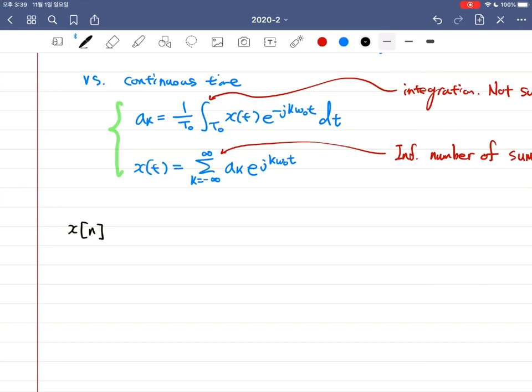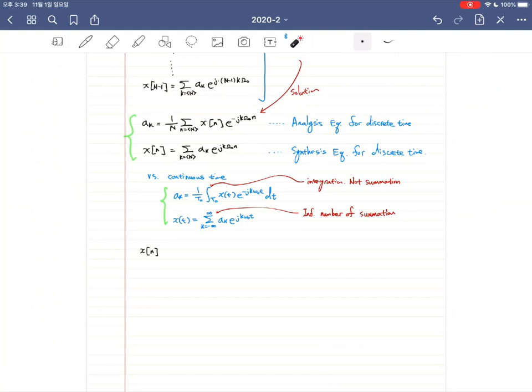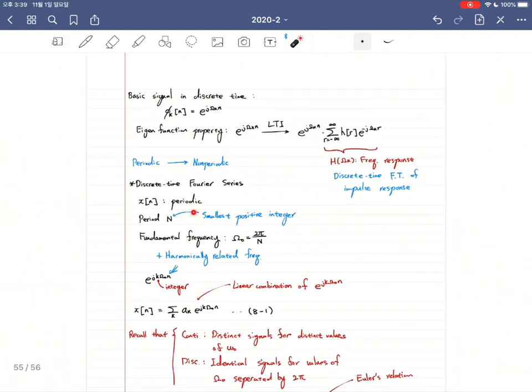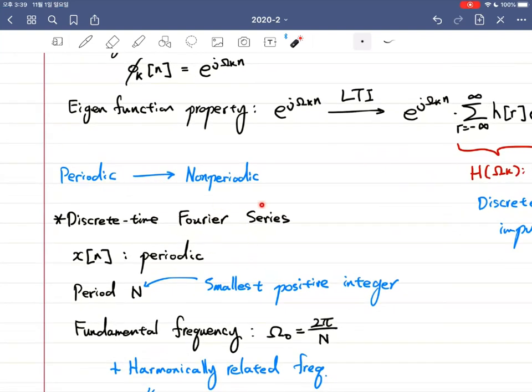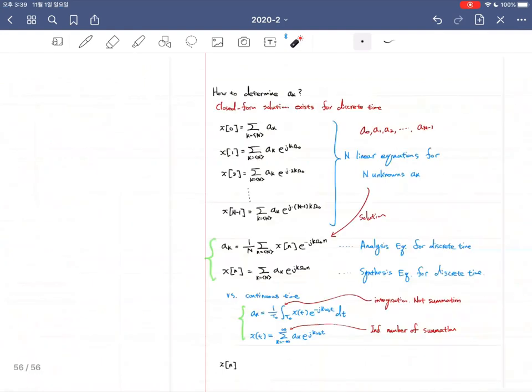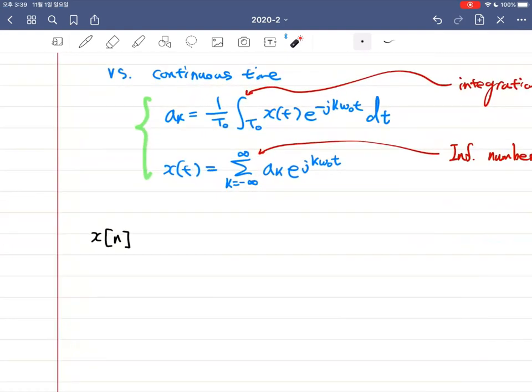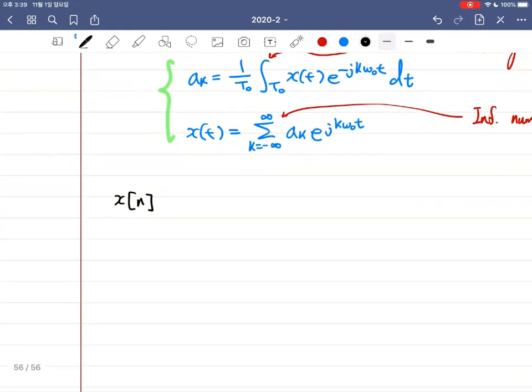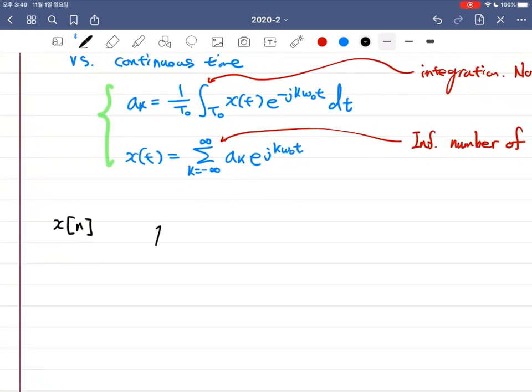We have restricted the signal to be periodic for the Fourier series case, and then we will of course extend to non-periodic signals. Since we're dealing with this periodic signal, this x[n] is periodic in terms of n.